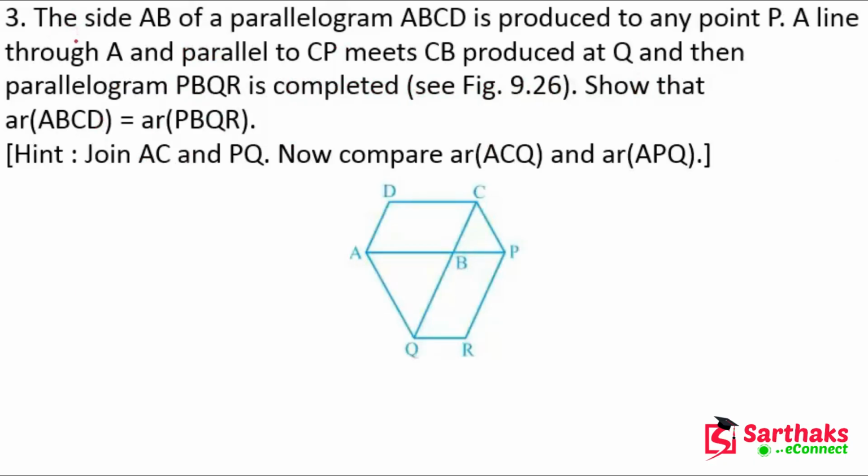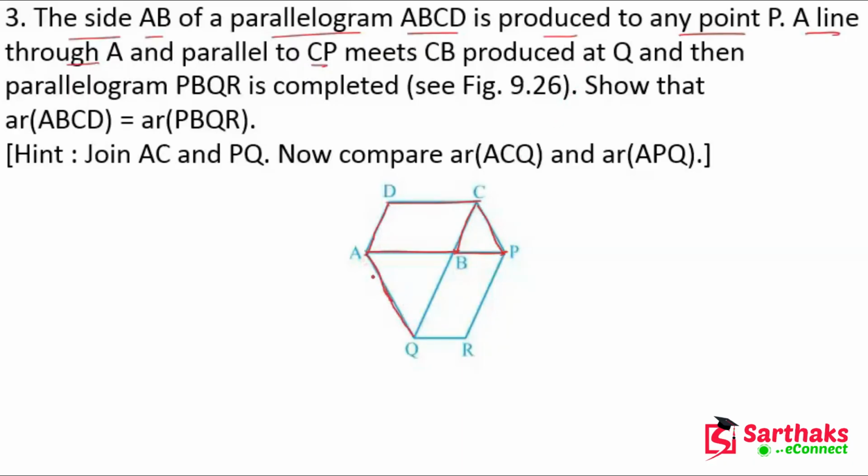In the next question, the side AB of a parallelogram ABCD. Here we have a parallelogram ABCD. It says the side AB is produced to any point P, means this is produced to point P. A line through A and parallel to CP, means parallel to this CP, is produced at Q, means like this.